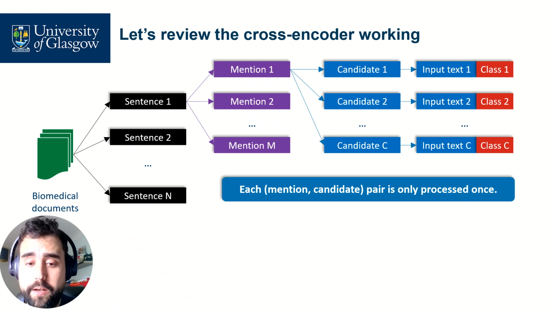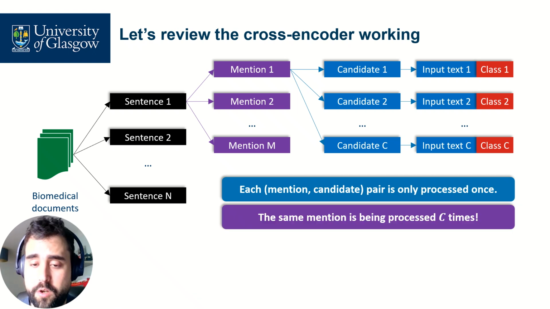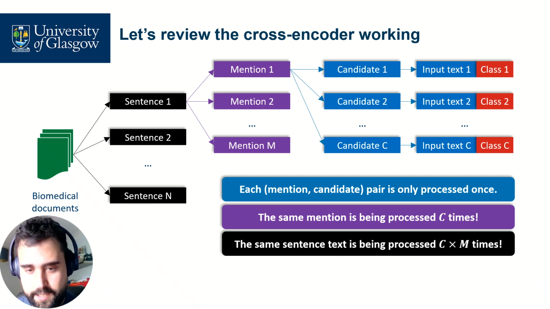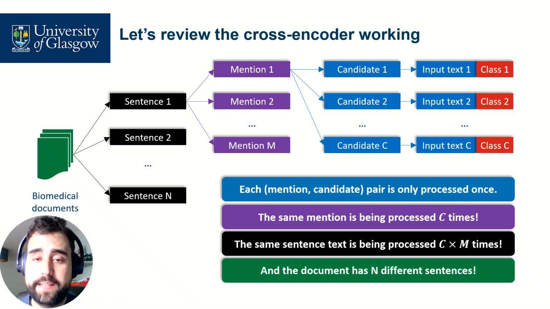What is the problem here? For each mention, we do multiple calls to the cross-encoder. And this gets even worse for a sentence, because a sentence has multiple mentions. And let's not forget that the document has multiple sentences.